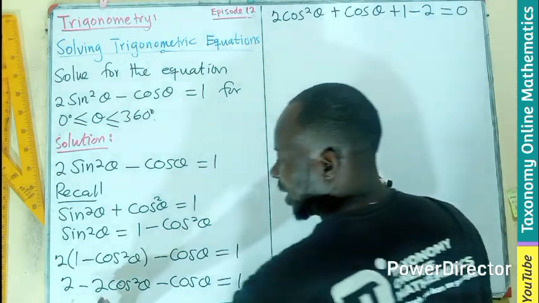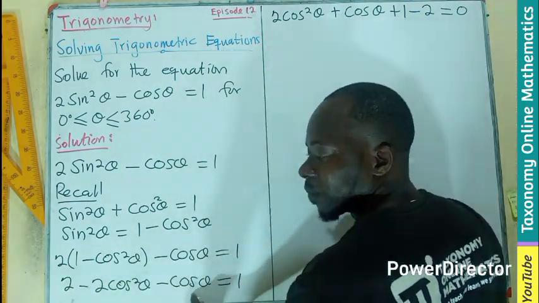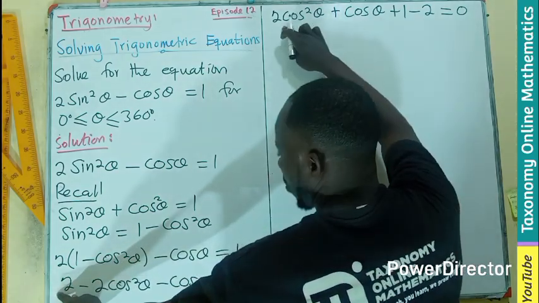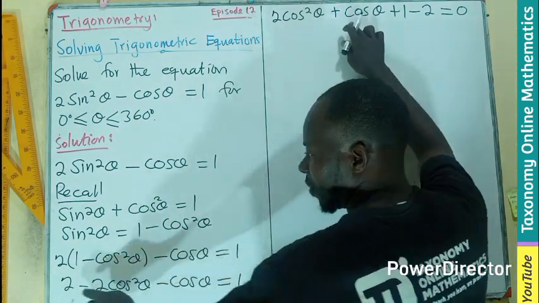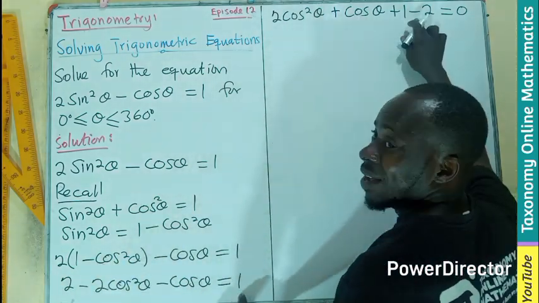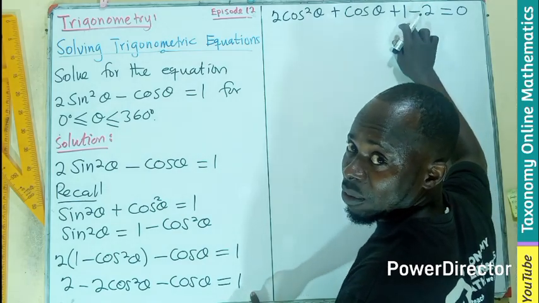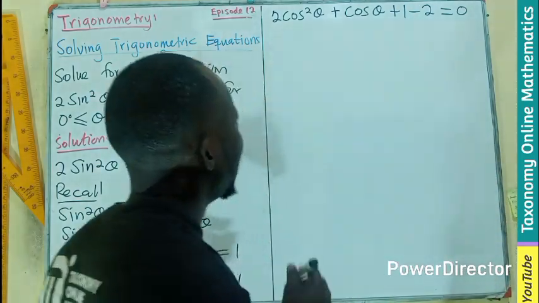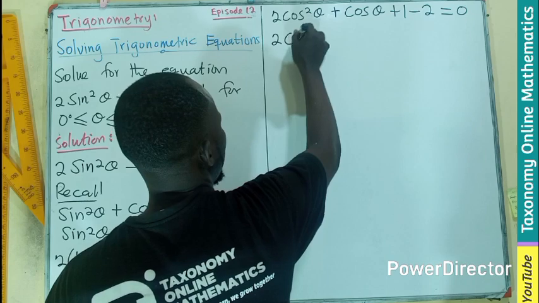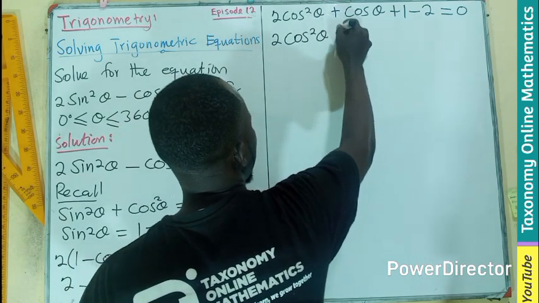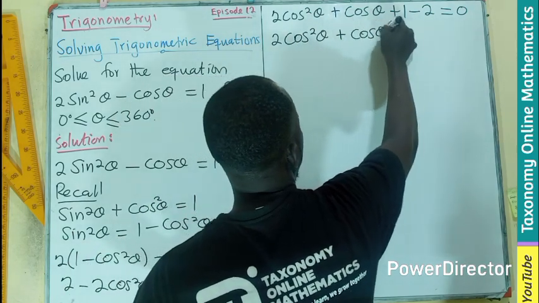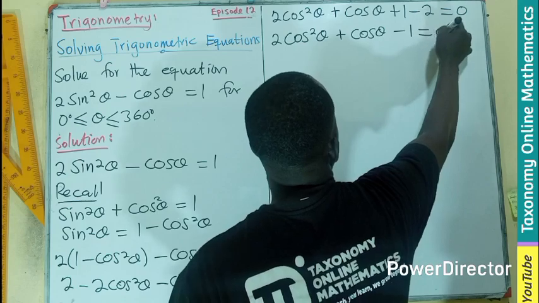We are only transferring 1, 2, 3, so their signs change: positive, positive, negative. The plus is still positive from where it is. Then this becomes 2 cos square theta plus cos theta minus 1 equals 0.